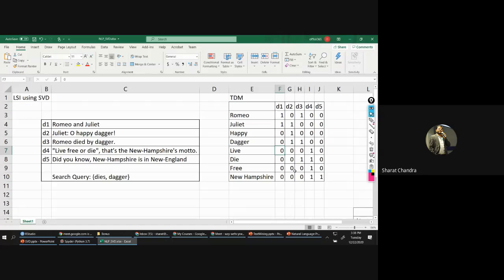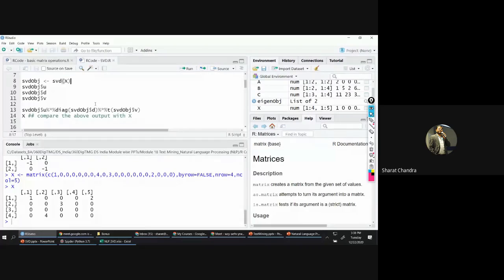Right? Now, using this as an input, we would have to perform SVD to convert that into 3 different matrices. So let us first try and show you what happens when I do SVD on this example matrix.